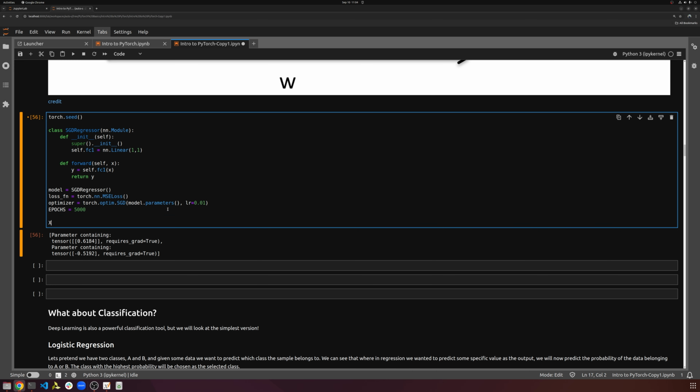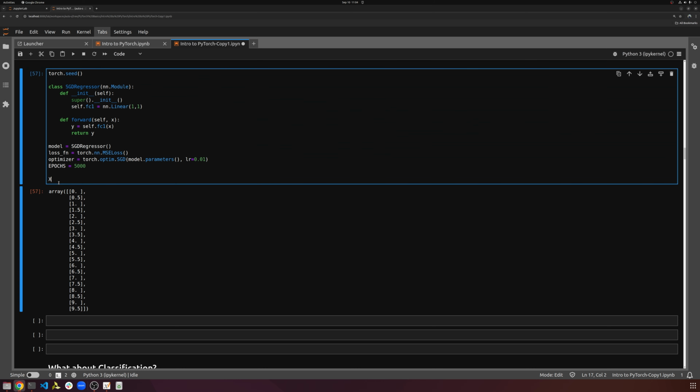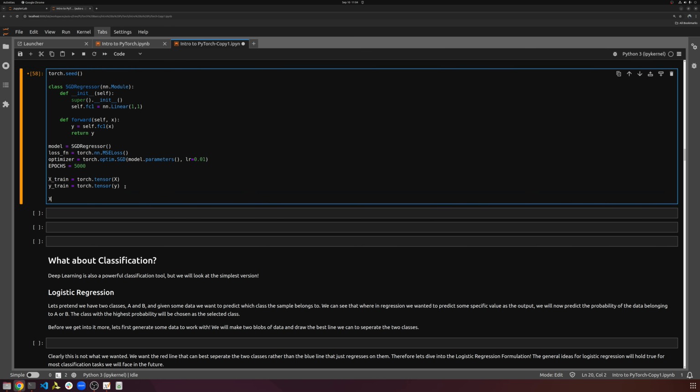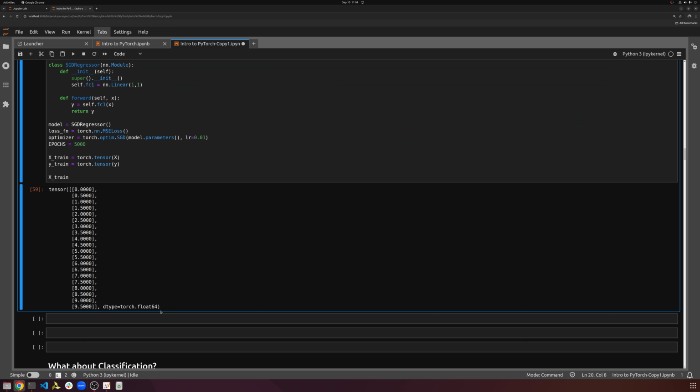Remember, X right now is a NumPy array, because that's what Scikit-Learn wanted when we trained the model above. What we need to do is convert it to a tensor. So X_train is going to be torch.tensor(X), and y_train is torch.tensor(y). X_train looks like this.